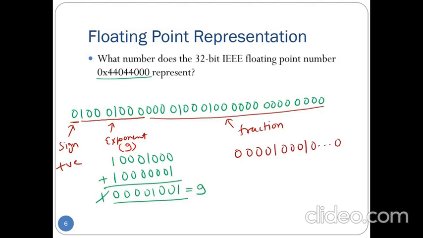at the end, right? Now recall that whenever we are storing the fraction in IEEE floating point format, we actually ignore this leading 1 point, right? This is always implied, so we have to add this to get the actual significand of the original number.